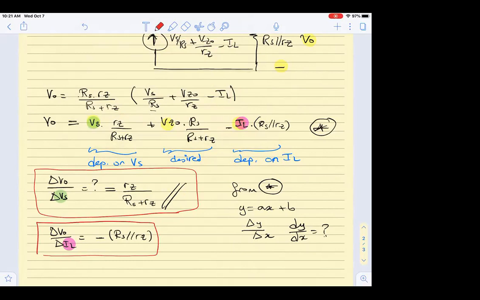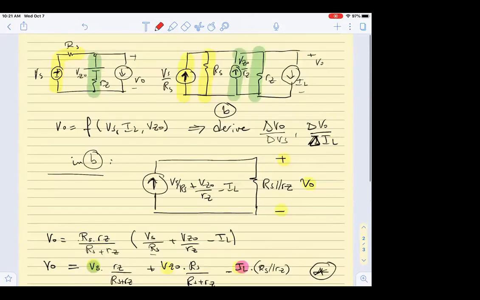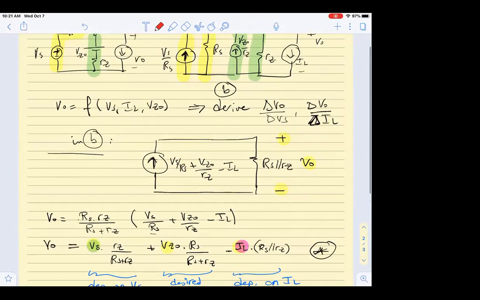Okay, does anybody have a question so far? Is it clear for everybody? Okay, so we started with the diode circuit. We placed the diode model. We converted the circuit to current sources and resistors.